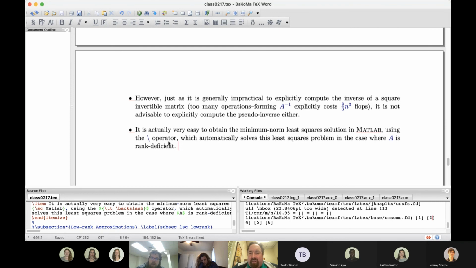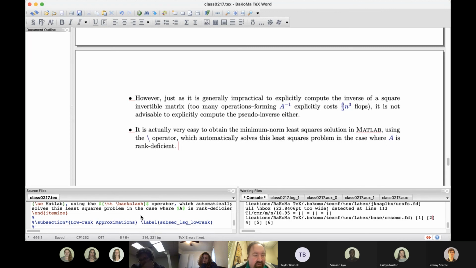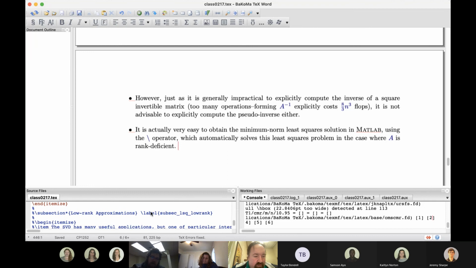If it detects that A is rectangular, it'll solve a least squares problem. If it's an underdetermined system, it'll give you a minimum norm least squares solution. In the case where Ax equals B has, or minimizing Ax minus B has infinitely many solutions, it'll pick out the one with minimum norm. So backslash will do all of that for you. It's quite versatile that way.